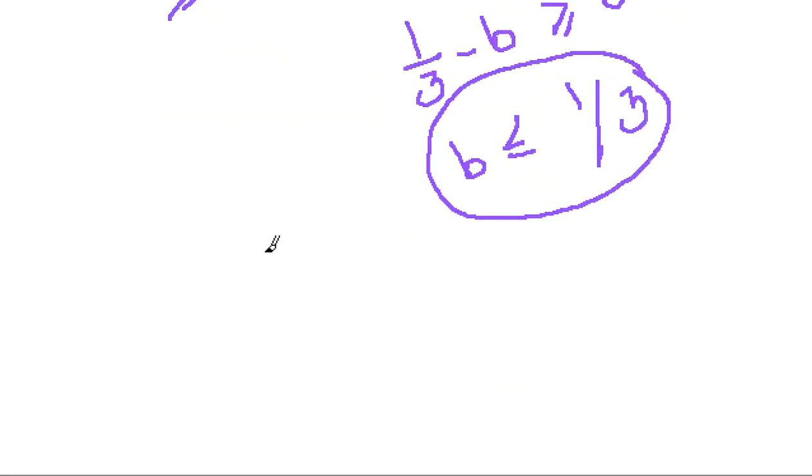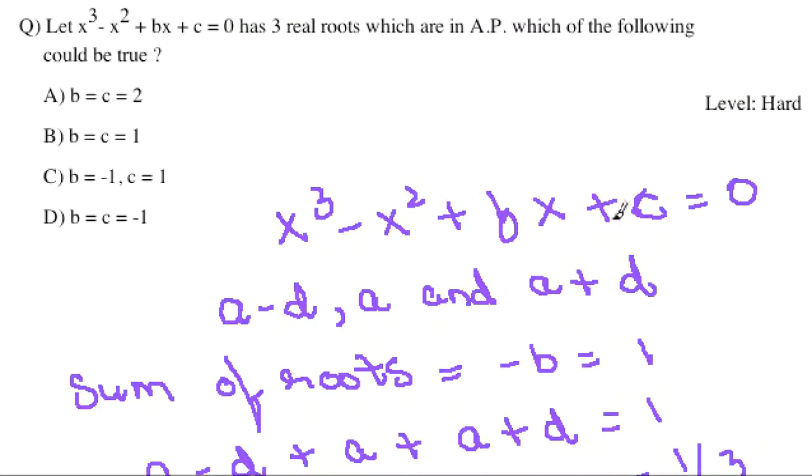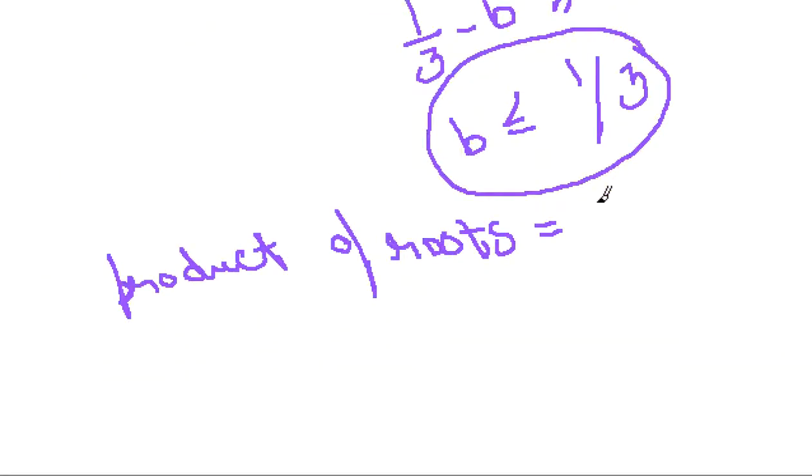Now we know that the product of roots is minus d upon a for a cubic polynomial. That will be minus c. So the product of roots is minus c. Now what is the product of roots?